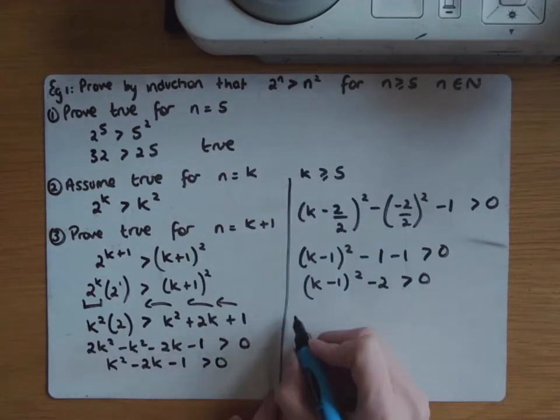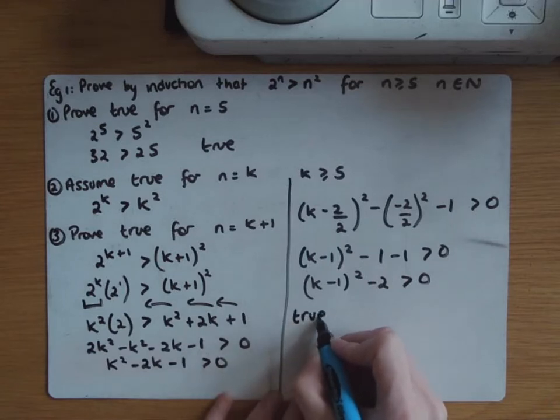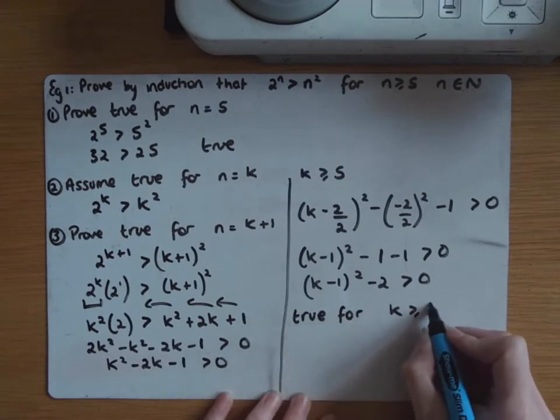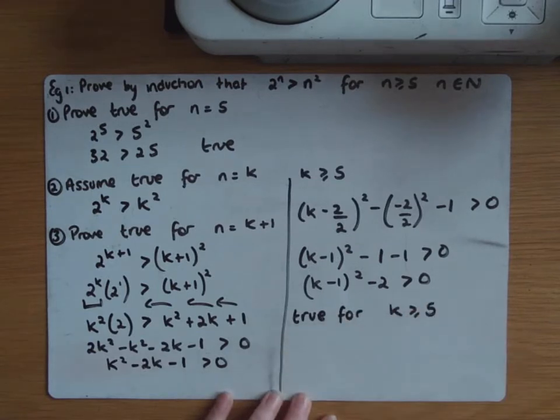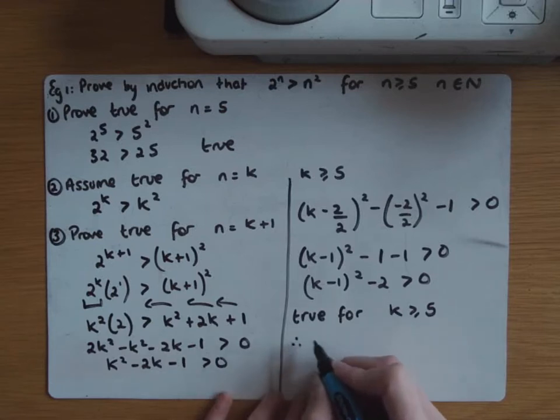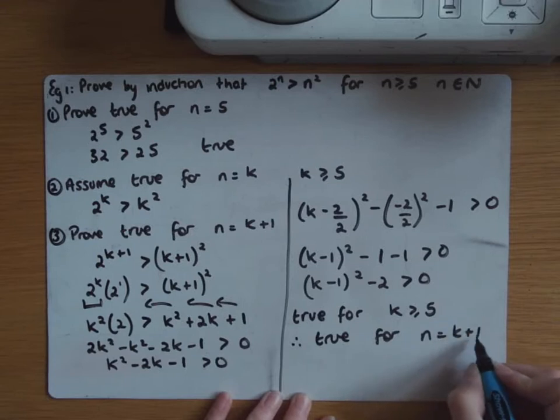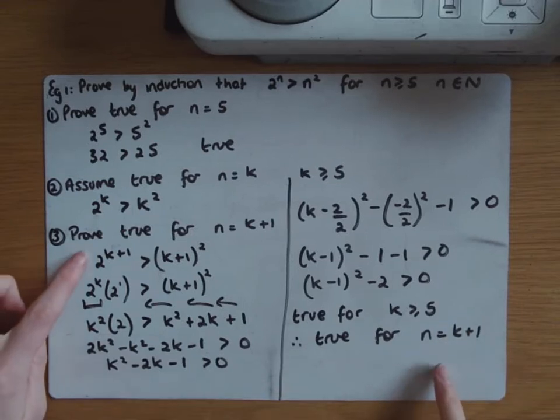So what you say here is true. It's true for k is greater than or equal to 5. Therefore, it's true for n is equal to k plus 1. This thing is true. Okay?